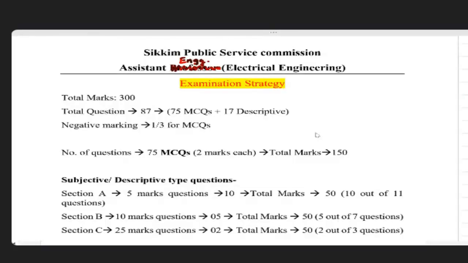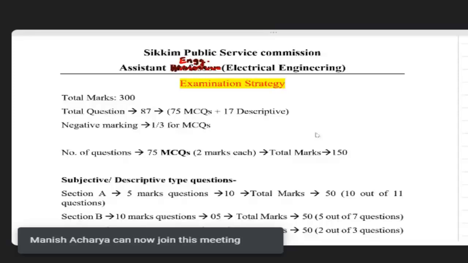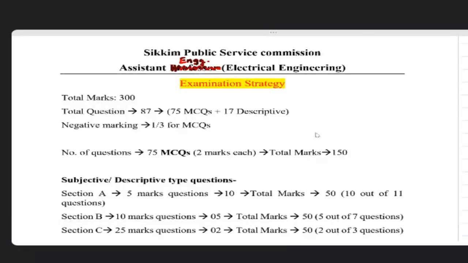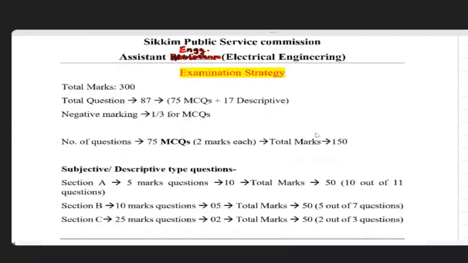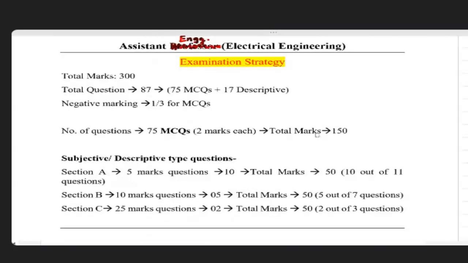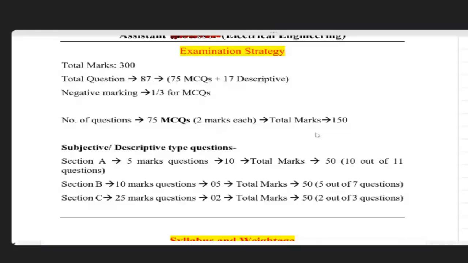There are 87 questions in total, including MCQ as well as descriptive type questions. Amongst these, 75 are MCQ type and 12 are descriptive type. Negative marking is there for MCQ type questions, which is 1/3. The total number of MCQ questions is 75, 2 marks each. In this way, the total marks for MCQs are 150.